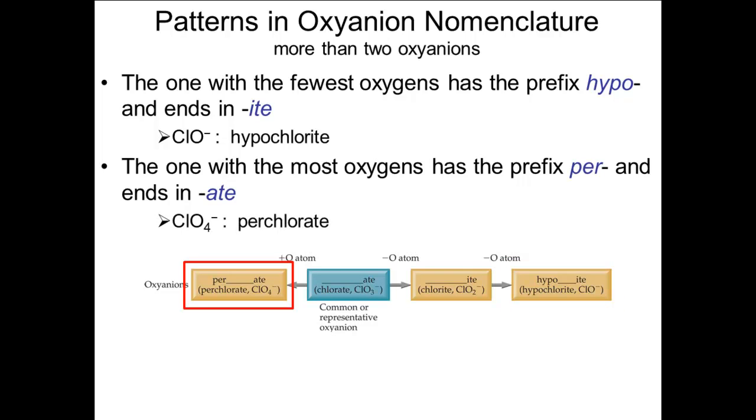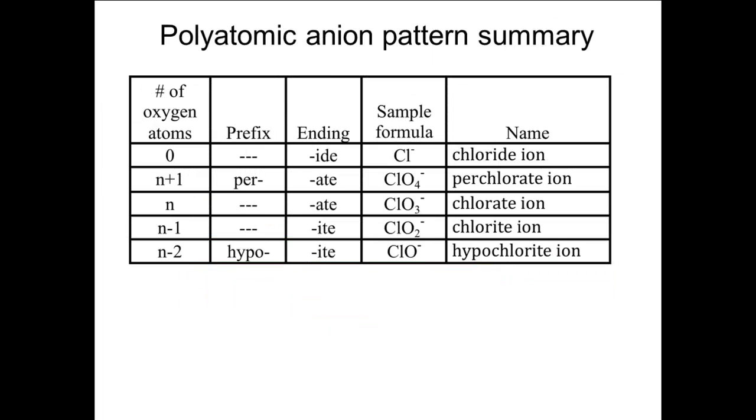And the prefix per, PER, is added to the ending ATE for the ion with 1 more oxygen than the ATE ion. This table summarizes these patterns and is available for download from Moodle.